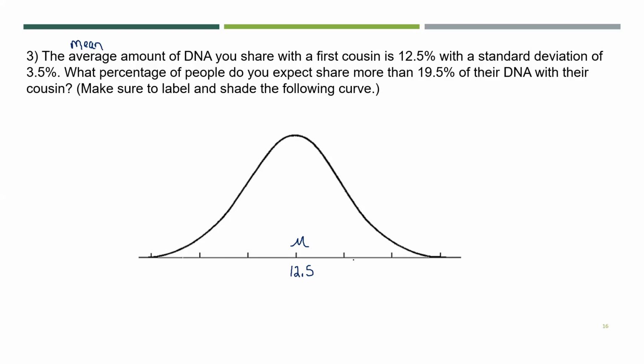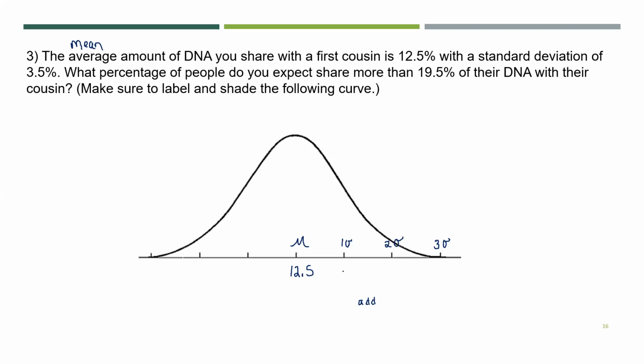So with a normal distribution, it is labeled by adding to the right, and each of the tick marks represents an additional standard deviation, and we know that almost all of the data is within 3 standard deviations. So we see tick marks for 1, 2, and 3 standard deviations, and I will label those tick marks by adding 3.5%.